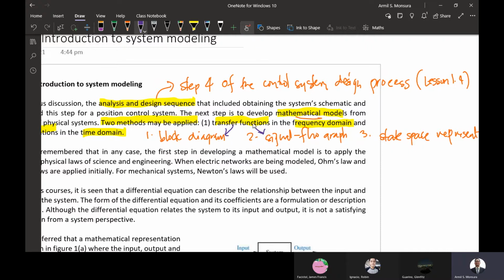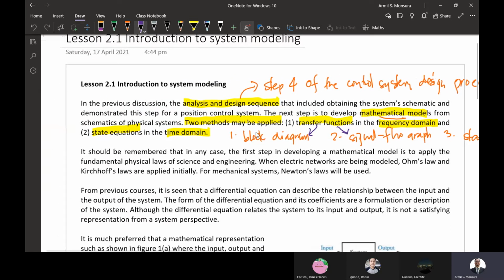Basta meron tayong transfer function. Okay? Maliwanag yan? So, yung transfer function natin can lead to a block diagram or a signal flow graph.